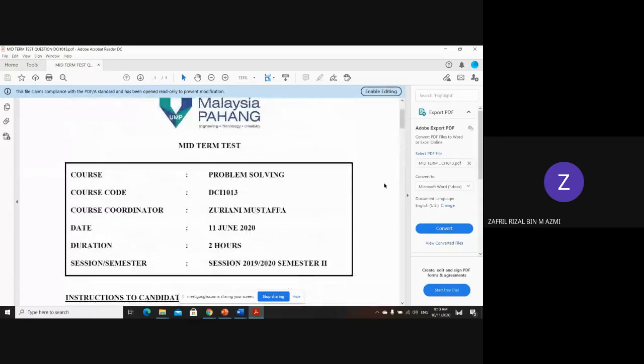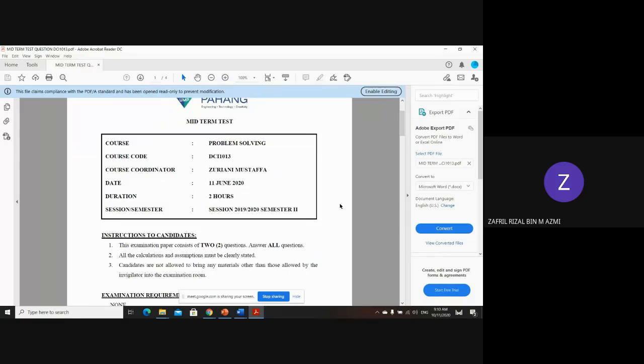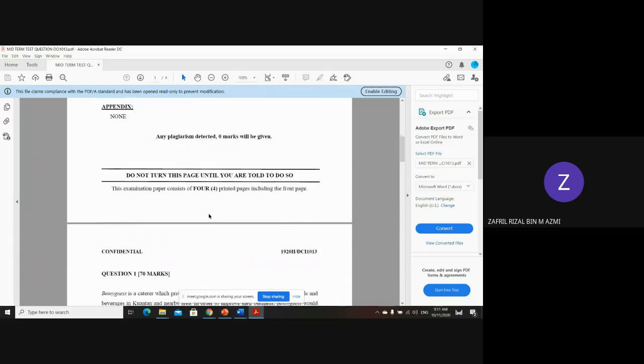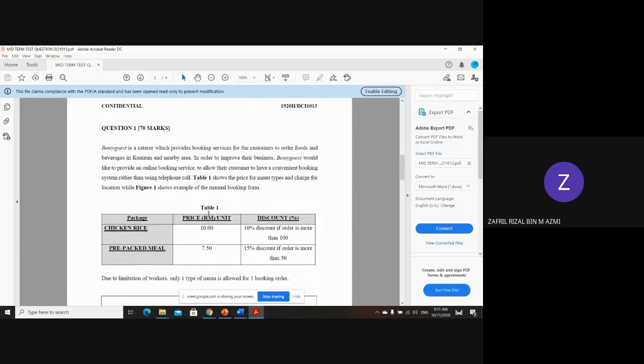As you can see, the format is similar. The midterm test will require you to finish everything in 2 hours, including the submission. This is a last semester question.